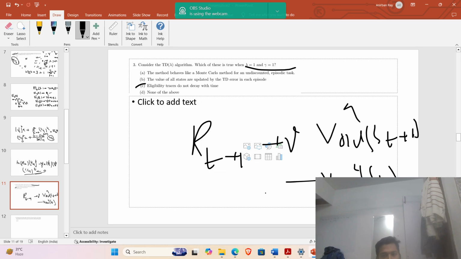So when gamma is equal to 1, this is what happens. You can just remove this gamma.